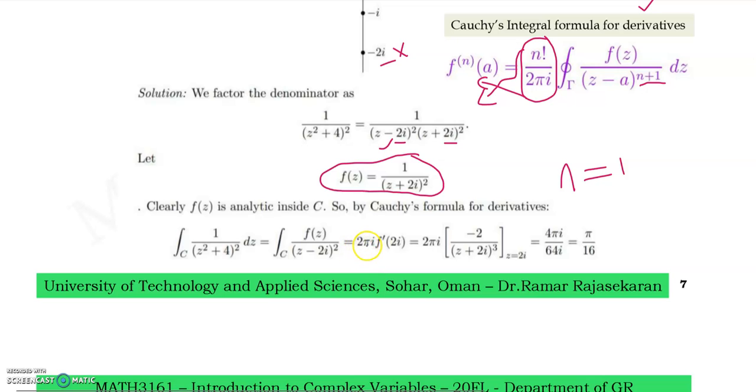Here that's 2 pi i f dash of 2i, because n is equal to 1. You make the derivative of this function, then substitute 2i, you find this value. Understand? That's what we are doing here. Derivative, and you substitute z equal to 2i, then you find the value and simplify it. That is your final answer, pi over 6. That's it. Thank you.